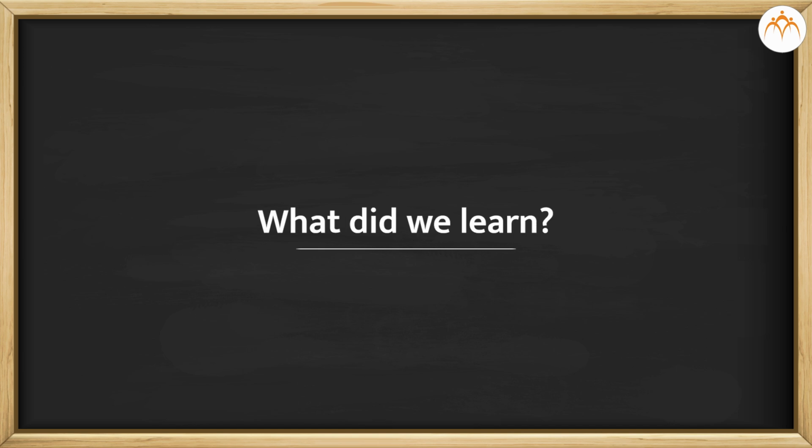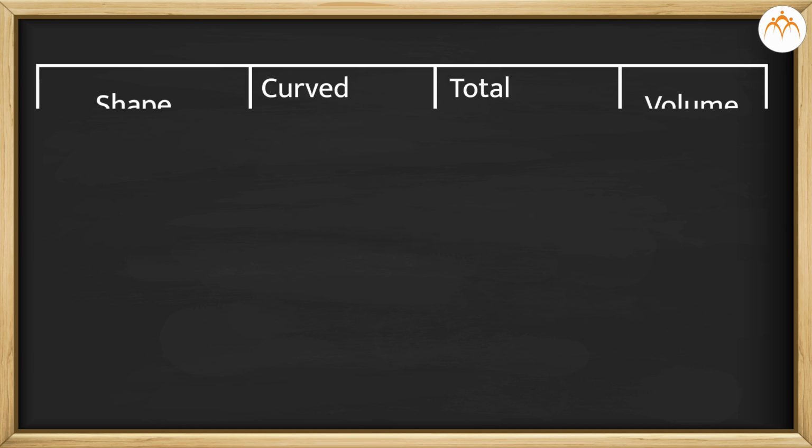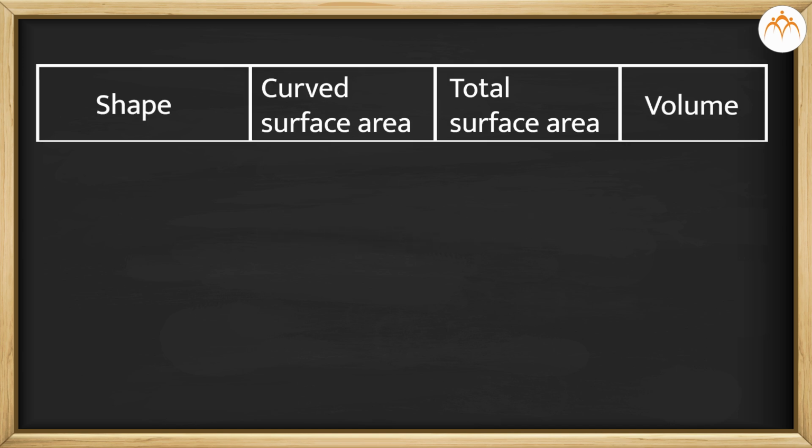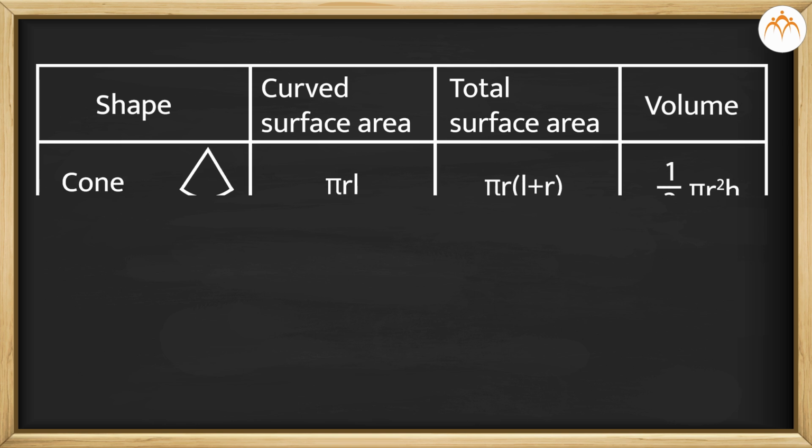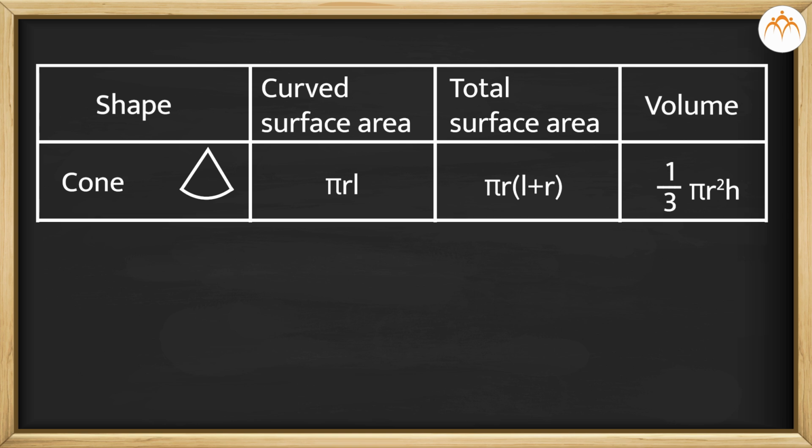What did we learn? Shape, curved surface area, total surface area, volume. Cone: curved surface area is equal to pi r L. Total surface area is equal to pi r multiplied by the bracket L plus r.